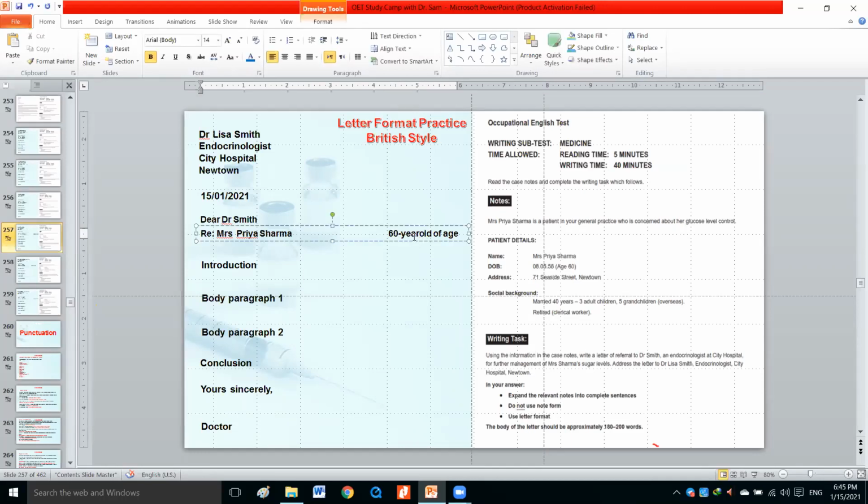You have to remove these hyphens and add S for year to be years, 60 years old of age. Or you can write another option like aged, comma, 60 years old. Okay? Okay, thank you. You're welcome.